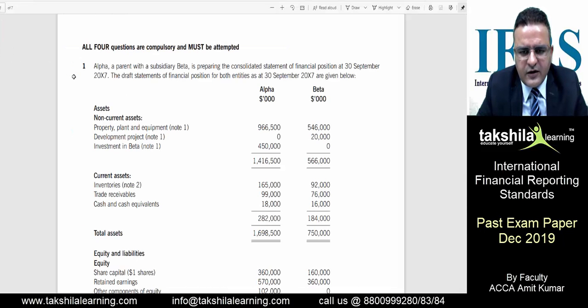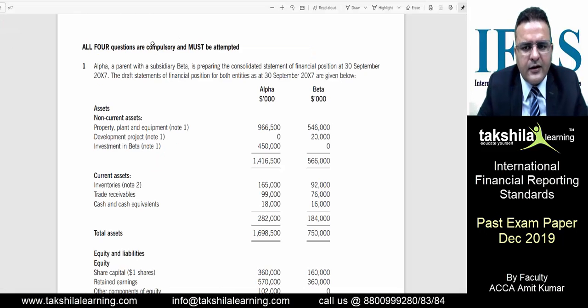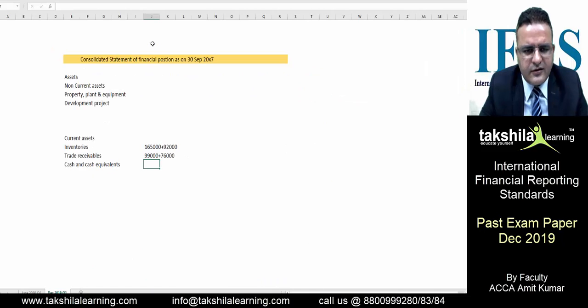Inventories are 165,000 plus 92,000, trade receivables 99,000 plus 76,000, cash and cash equivalents is 18,000 plus 16,000.